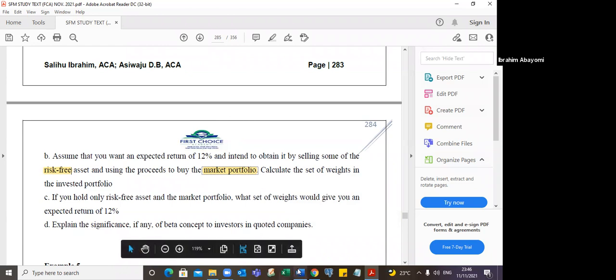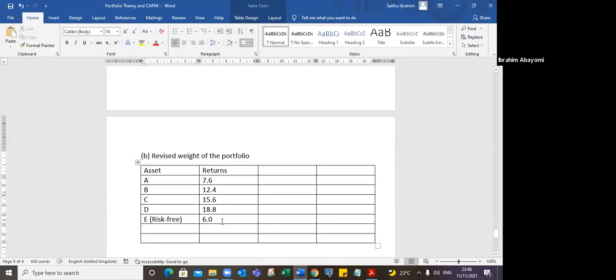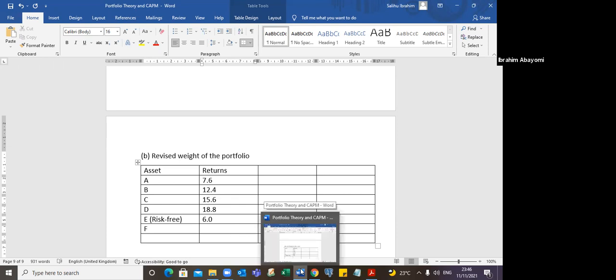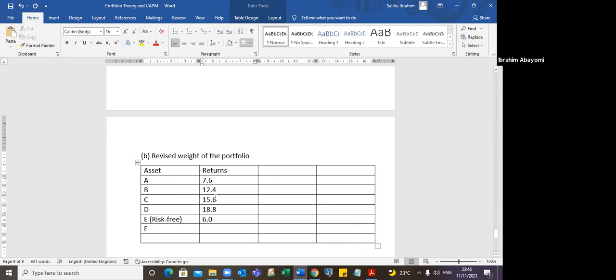So if I sell part of my risk-free asset and invest the proceeds in the market portfolio, I should get the market return. So let us assume that. Are you writing the assumption? Let us assume the market return is 14%.